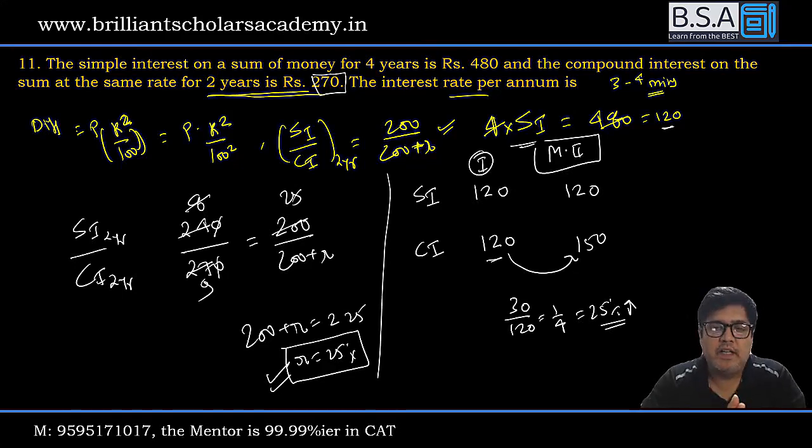So compound interest is R percentage more over the previous value. How much more? 30 upon 120. That is 25 percent. Once you find out R, you can find out everything.